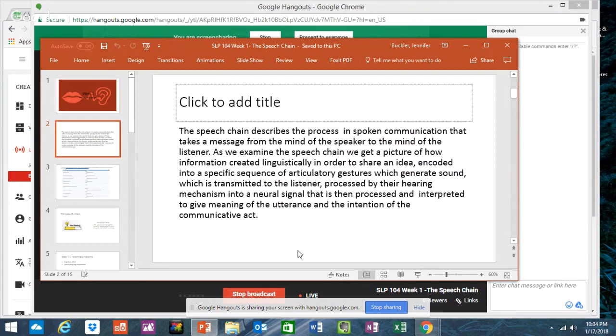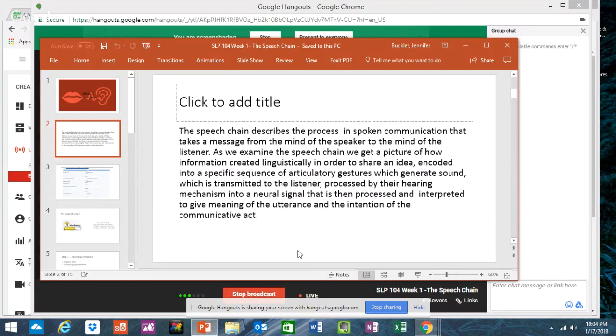The speech chain is a process. It's 6 steps in which we discuss how spoken communication goes from the mind of the person who creates a thought, and that message travels through the process of creating language, then into creating speech, how the articulators move together to create a message, using airflow and create sound waves, and those sound waves are transmitted to the listener.